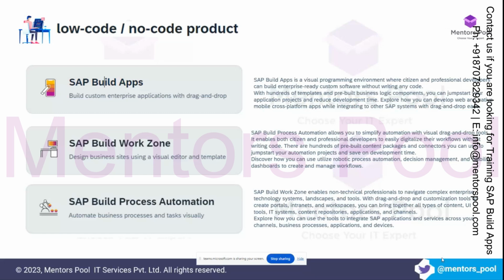Once we activate or subscribe to Build, we get SAP Build Apps, SAP Build Workzone, and SAP Build Process Automation. Build Apps basically is the rebranded form of SAP's newly acquired AppGyver, which we have talked about. So from now on, whenever I mention Build Apps, underneath it, AppGyver is working.